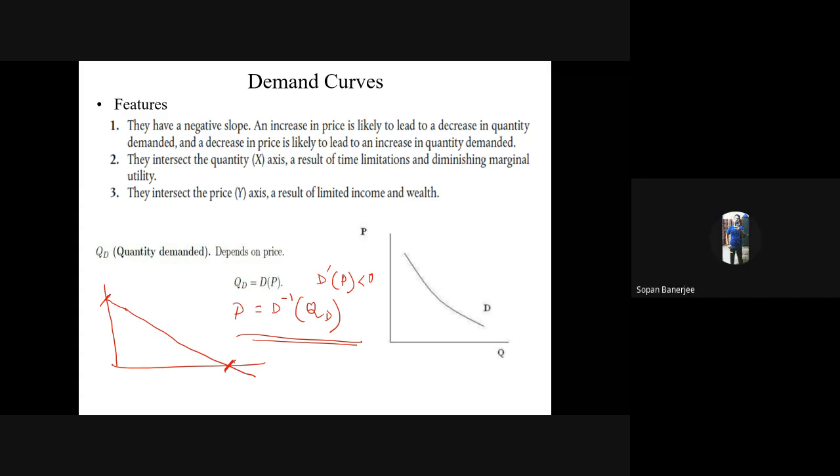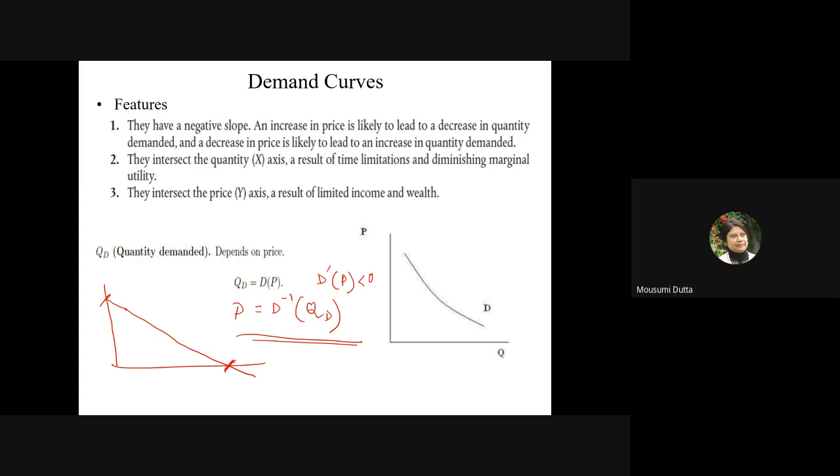This is called the Marshallian convention. Alfred Marshall developed the concept of demand. First, he tried to frame a demand function like this. For the first time, he told that demand is a function of price.